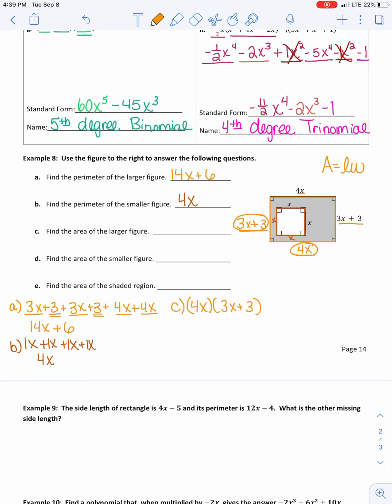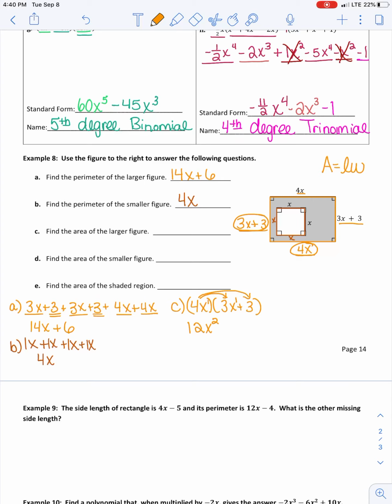I have 4x, I'm going to put these in parentheses, times 3x plus 3. And this is what we learned today. We learned how to multiply a monomial by a polynomial. So we're going to take this 4x and multiply it by 3x. 4 times 3 gives me 12. And x times x, remember whenever we're multiplying, we have to add those exponents. So it's really going to be a 2. Then we have 4x times 3.